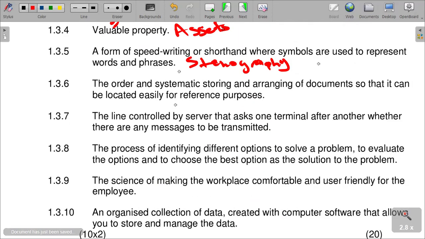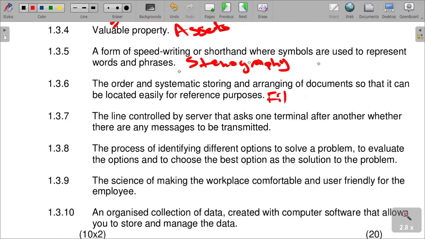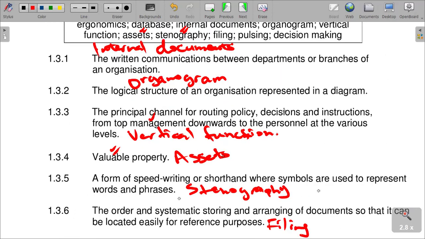Filing systems identify the order in which information is classified. When information is stored in an organization, we have got a filing system. Filing is actually done in order to ensure that documents are easily locatable and are arranged in some specific fashion.